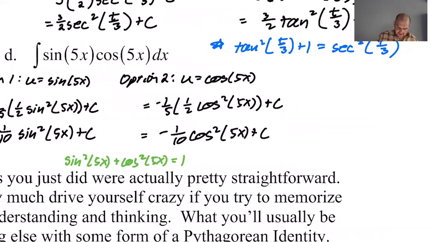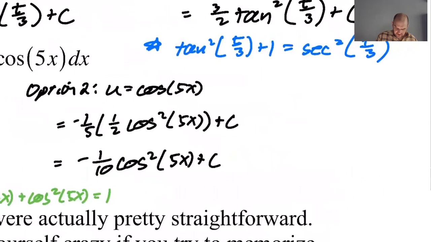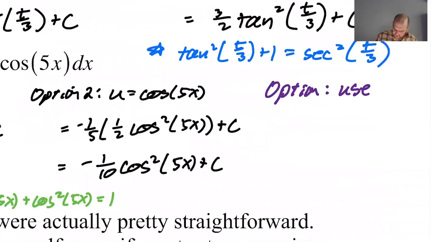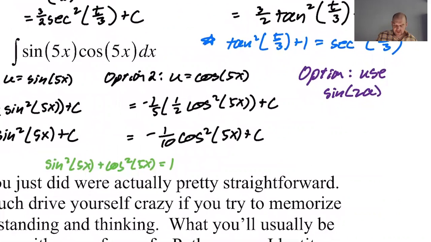Option 3 is the weirdest one, but also I think the optimal solution here. We're going to use the formula for sine of 2a, right? So sine of 2a is 2 sine a cosine a.